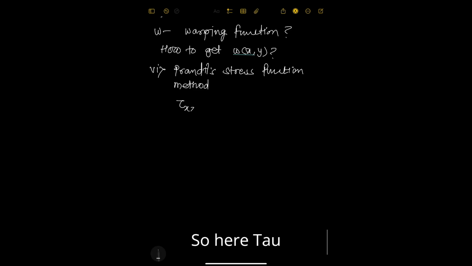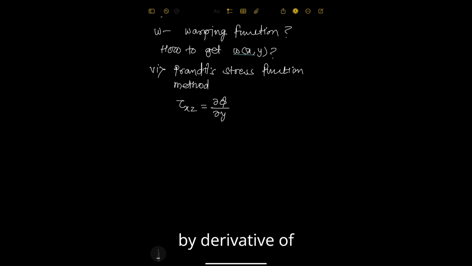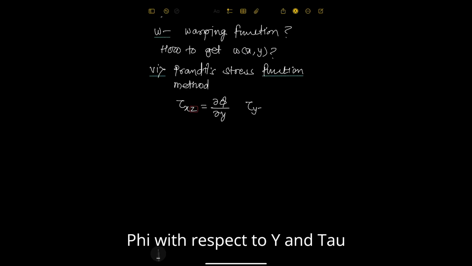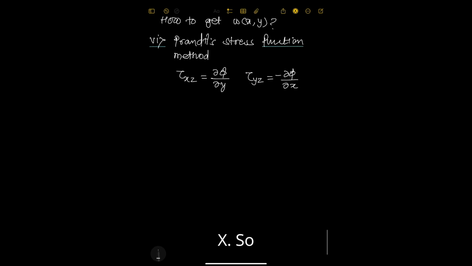So here tau xz is assumed to be a function of phi, which is given by the derivative of phi with respect to y, and tau yz is equal to minus dou phi by dou x. Here phi is Prandtl's stress function.